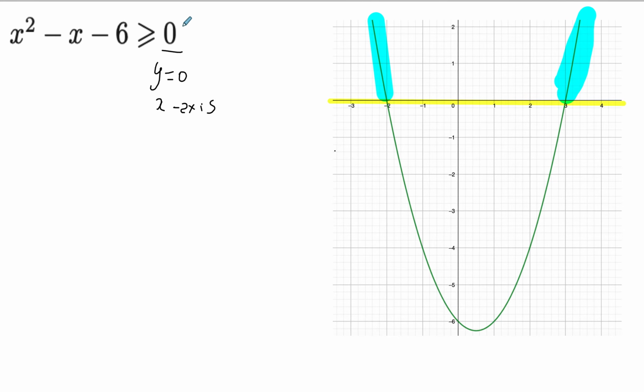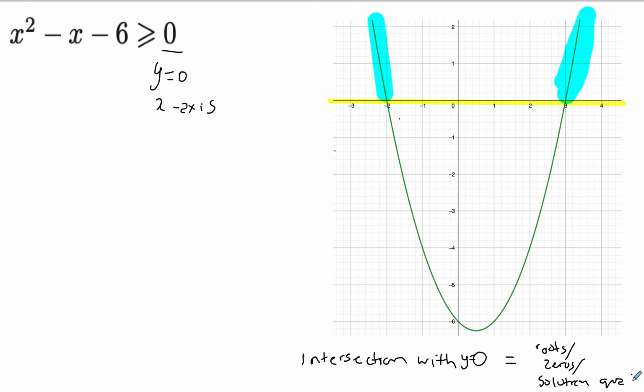Remember, take the intersection of these two, which is basically the intersection of the x-axis, which is also the roots and the solution. So a point of intersection with y equals 0 is the same as the roots, the zeros, the solutions of your quadratic.